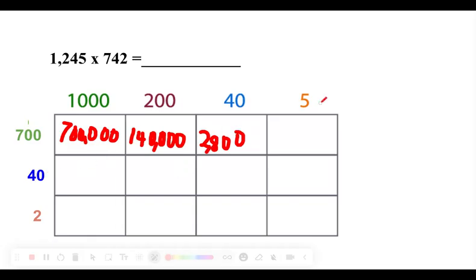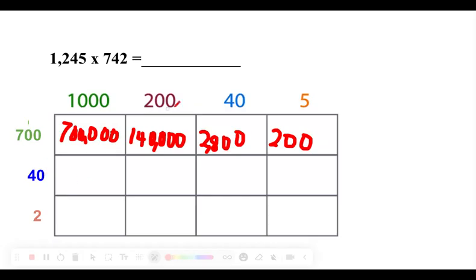Now I multiply the 5 times the 40. 5 times 4 is 20. There's only 1 zero, in the 40, and no zeros in the 5, so we write 200. 40 times 5 is 200.